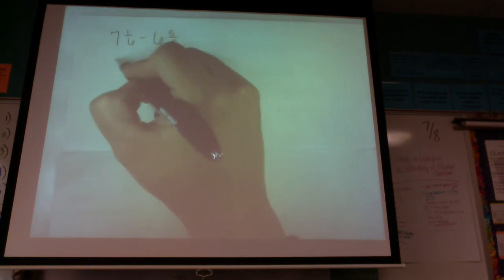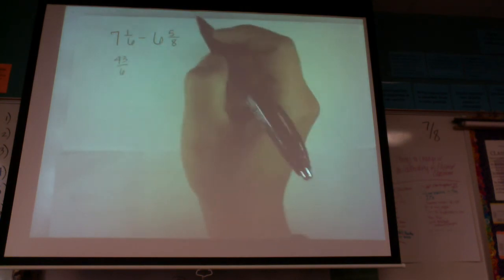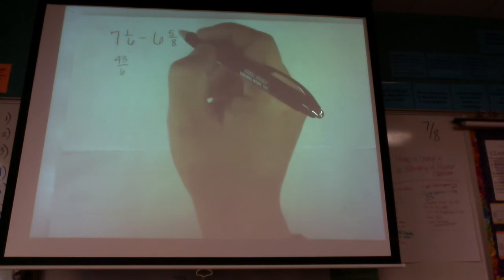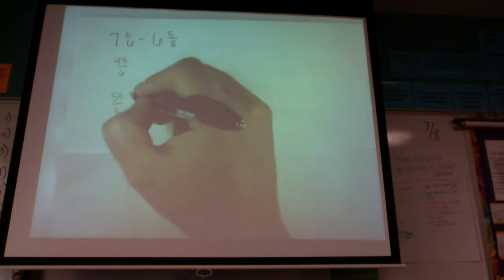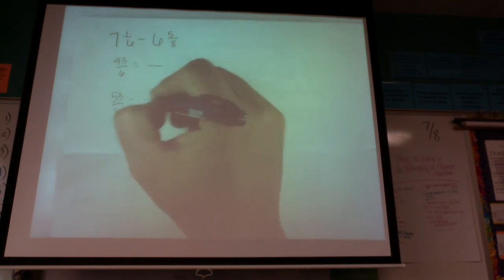A couple more before you're going to try these on your own. 7 1/6 minus 6 5/8. Let's popcorn both of those. So that's 43/6 minus 53/8. Okay. Common denominator, let's do 24.